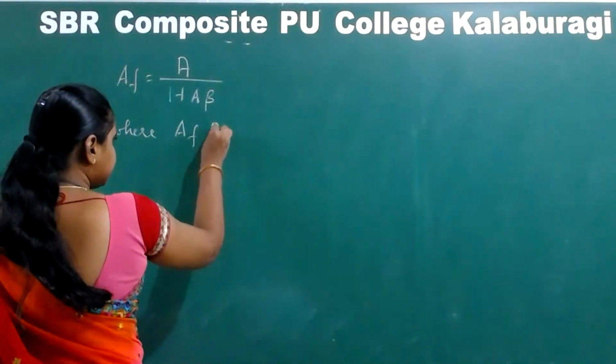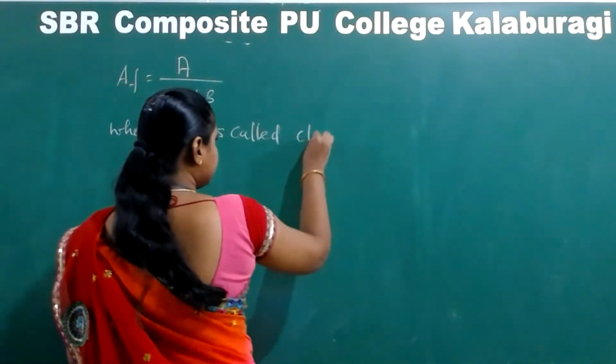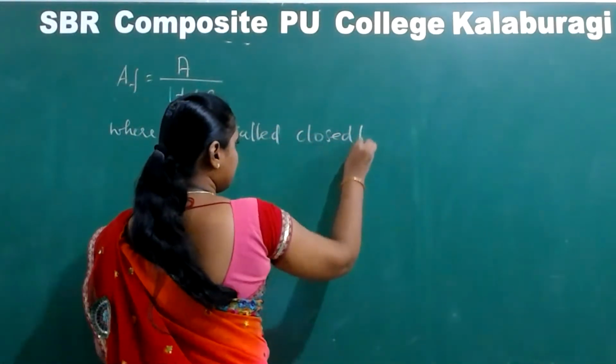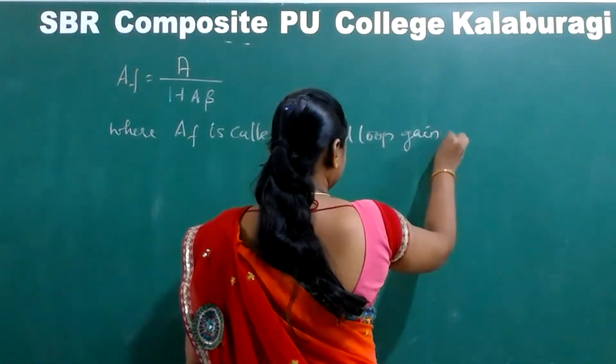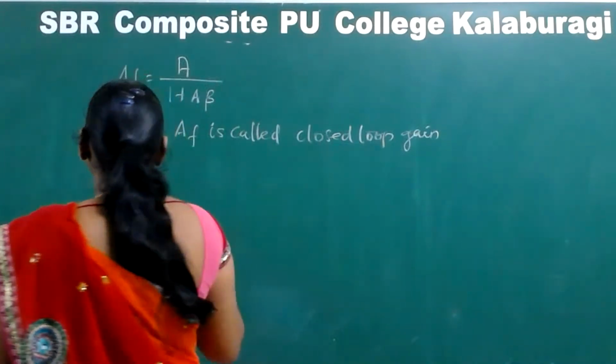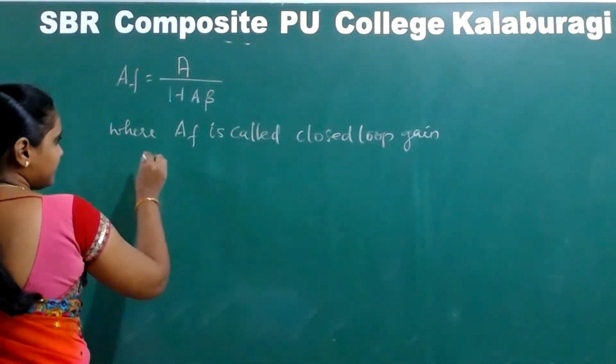AF is called closed loop gain. Why is it called closed loop gain? Because it receives a feedback.